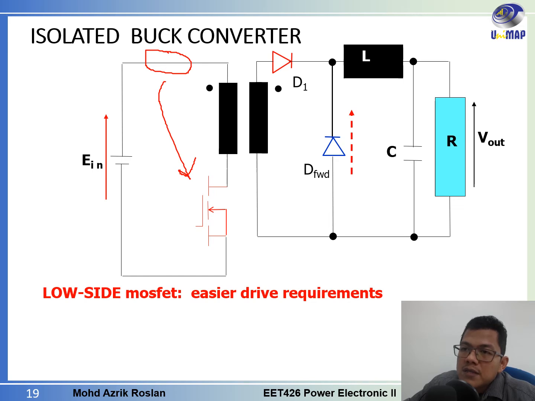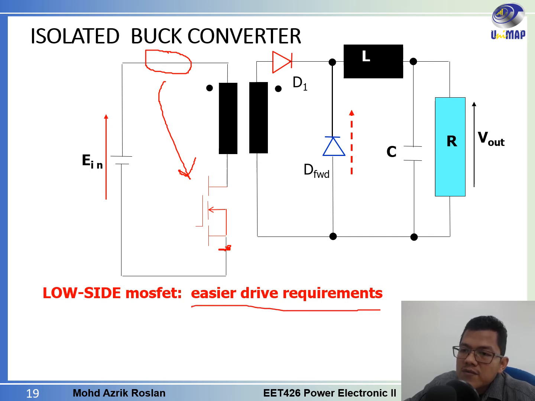But it is much better for the switch to move to the low side of the MOSFET, because at this point you will have the ground connected to this terminal of the MOSFET, so it is easier to turn the transformer on and off. That's why it's mentioned as an easier drive requirement.